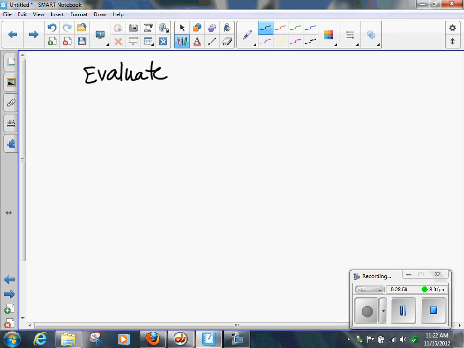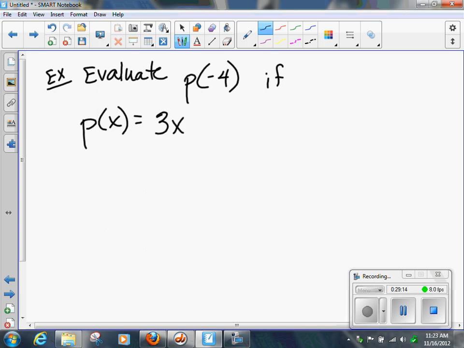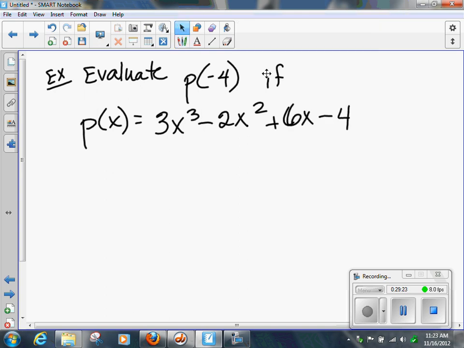Folks, evaluate P of negative 4 if P of x is equal to 3x cubed minus 2x squared plus 6x minus 4.